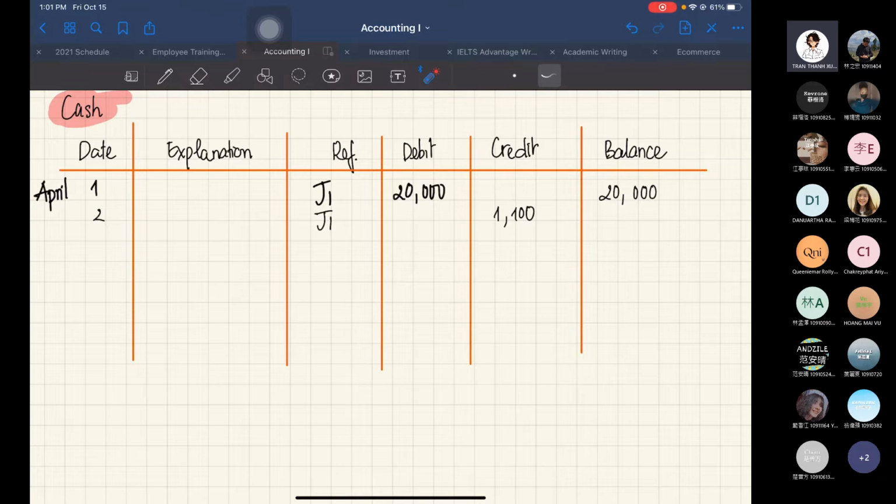Why is it minus? Because you have to pay 1,000. Can you explain? Because it's credit, so we will lose that money. So is it? Yes. You got it.